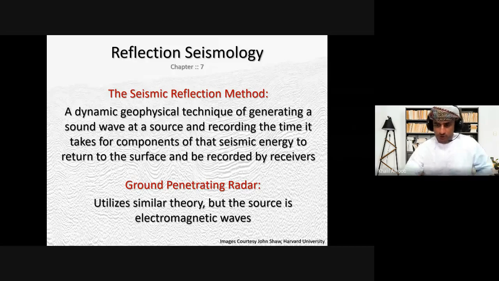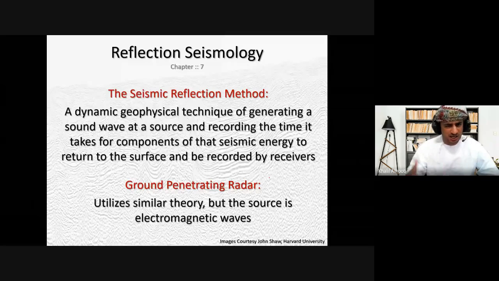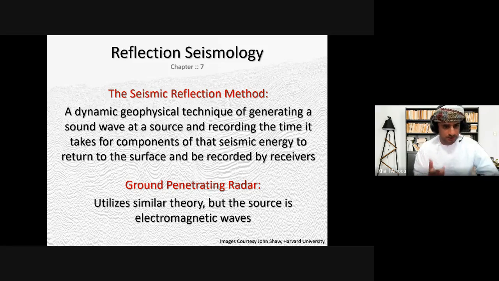In terms of resolution, ground penetrating radar has higher, very detailed resolution, whereas seismic reflection is of lower resolution. Overall, for most geophysical techniques, the deeper you go, the lower the resolution.